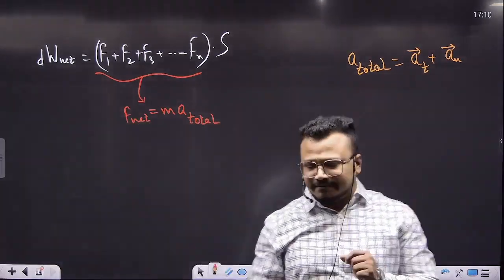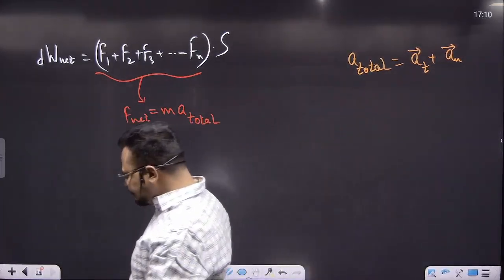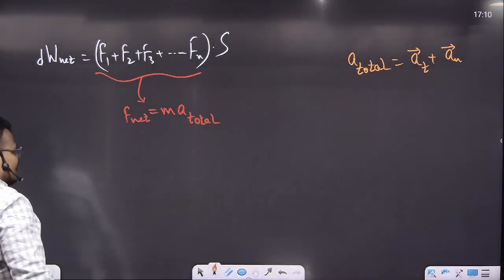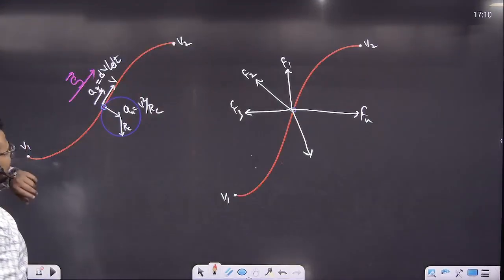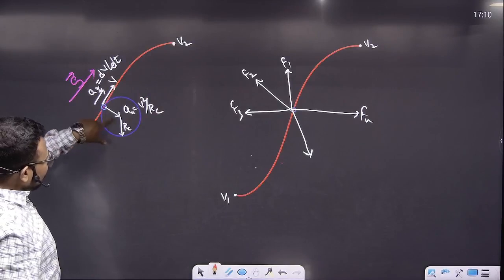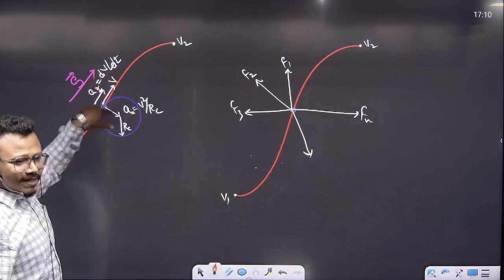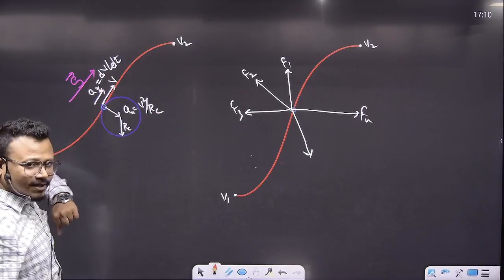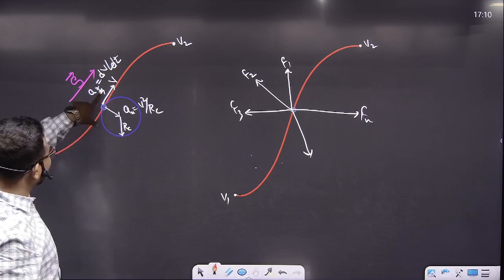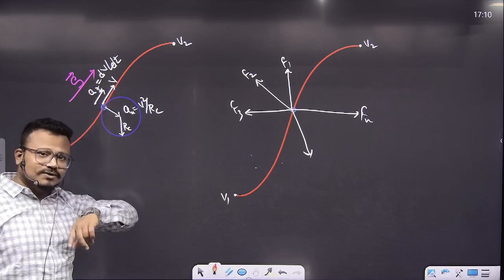Now if you see very properly, in the last scene only we can see here, AN is perpendicular to S, means angle between them is 90, and AT is along S, angle between them is 0.